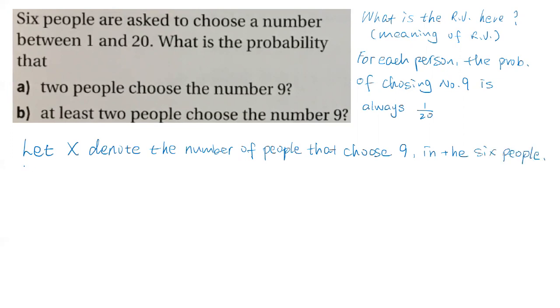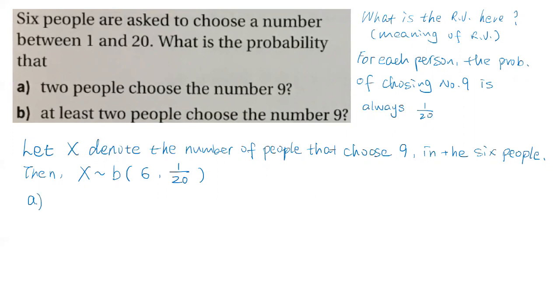Okay, then according to our analysis, here X follows a binomial distribution. The first parameter is n, which is 6, right? Because we have 6 people here, meaning we conducted 6 experiments. The second parameter is the probability of each person choosing number 9, which is 1/20.